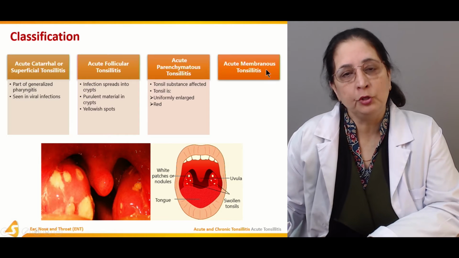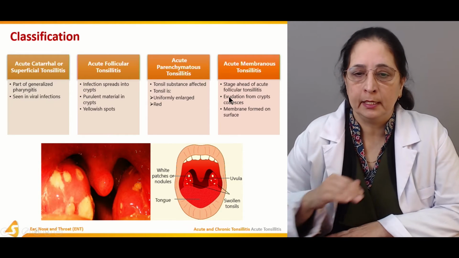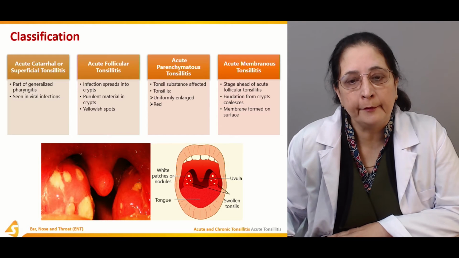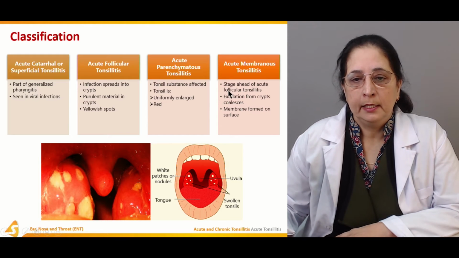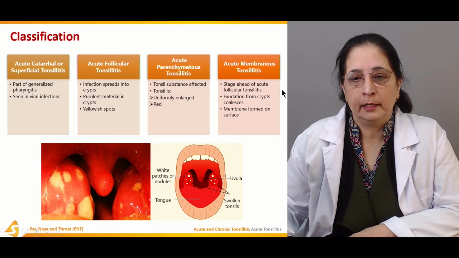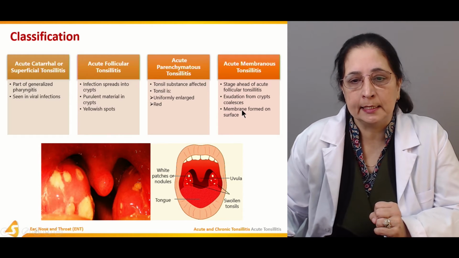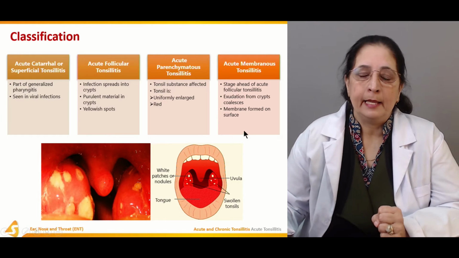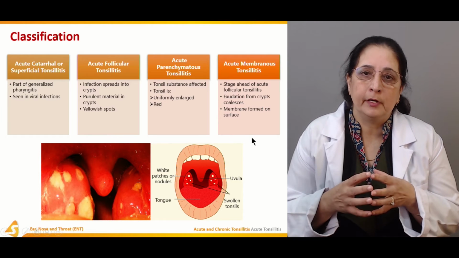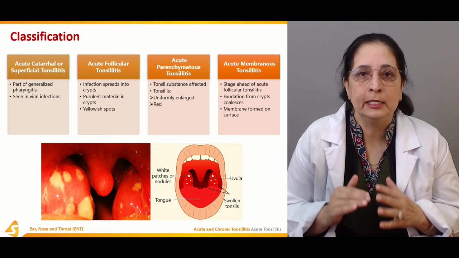Then we have acute membranous tonsillitis. As the name shows, there is formation of a membrane on the tonsil in this type. It's one stage ahead of acute follicular tonsillitis. There is exudation from the crypts, and this exudation from the crypts coalesces and forms a membrane on the tonsils.